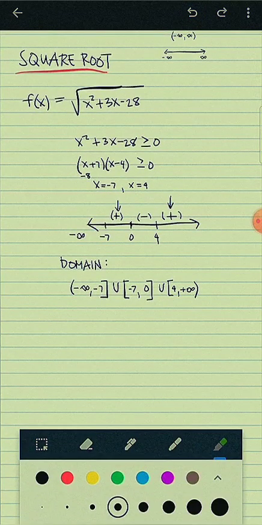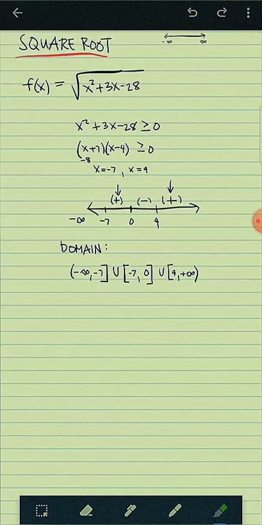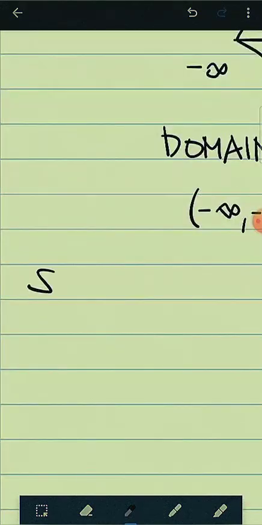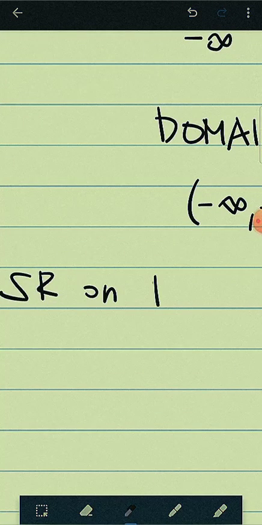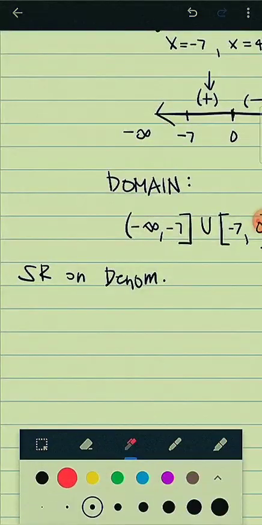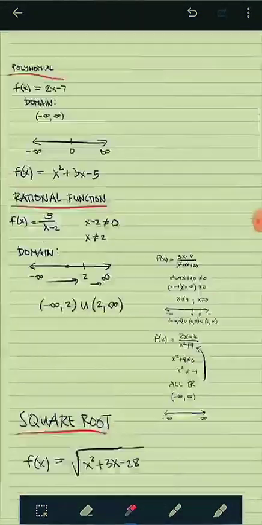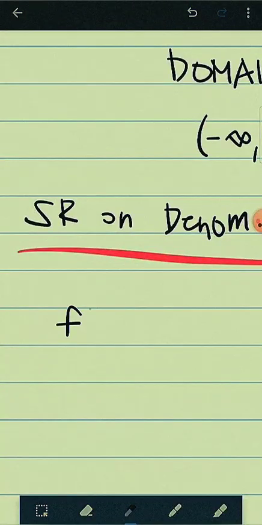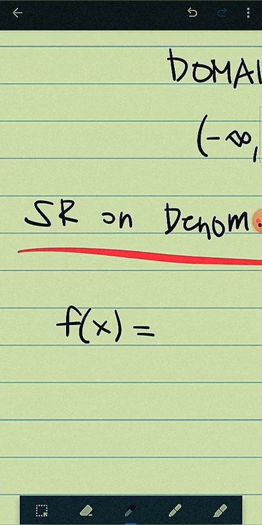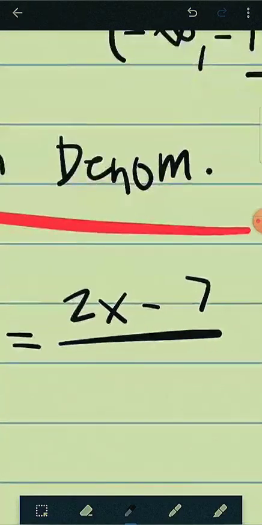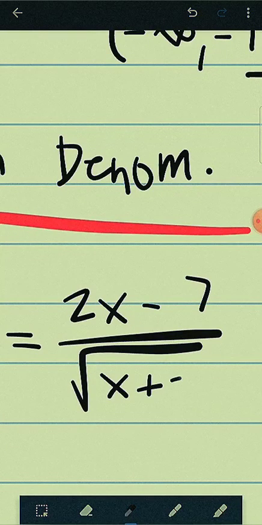Now, the fourth case is if we have a square root in the denominator. So which case is this? 1, 2, 3, our fourth case. Our example is f of x is equal to 2x minus 7 over the square root of x plus 3.